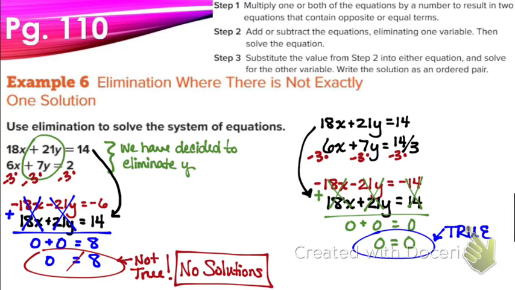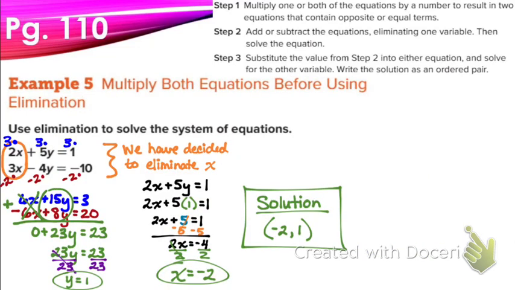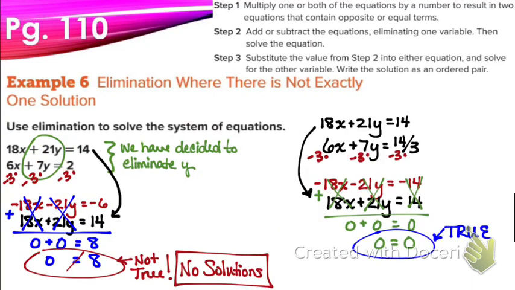When my x's and my y's canceled and I got something that was false, we said no solution. This is what a solution looks like. So what happens when my x's cancel, my y's cancel, and I end up with something that's true? What would that mean? Infinitely many solutions, yes.